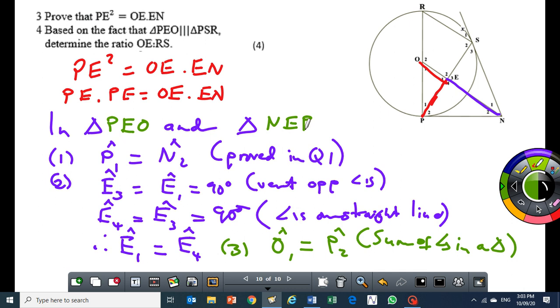That's why you need to be very careful, especially if you are given the length of sides without being told which triangles are similar. Don't rush to just write that in triangle this and that, because you might end up identifying incorrect corresponding angles. So I suggest that you don't write it, you prove first. After proving, then you go back and put the names of angles. You work smart, because if there is a mark allocated for naming the triangles, you may be penalized.